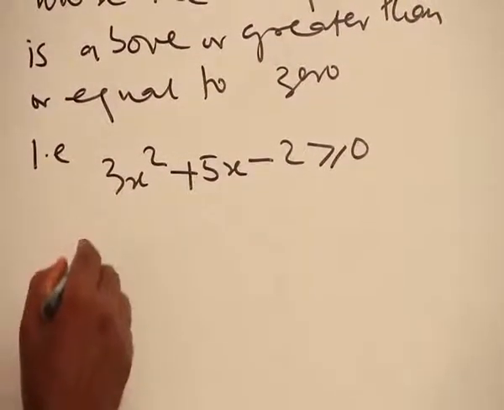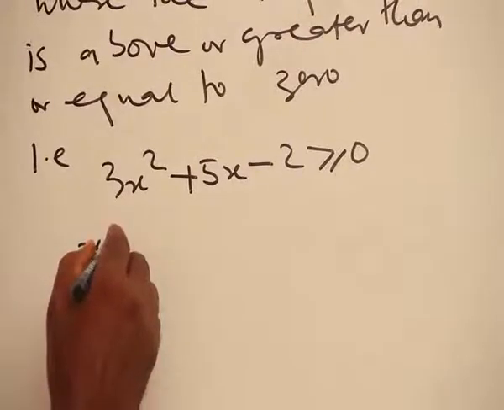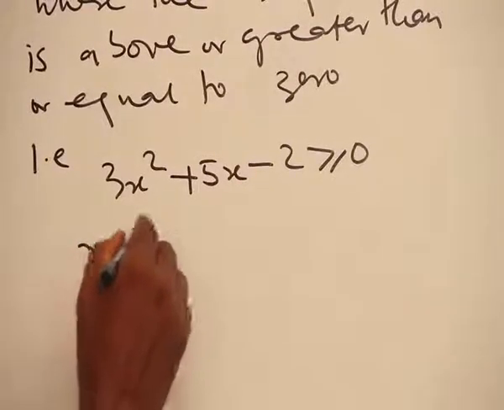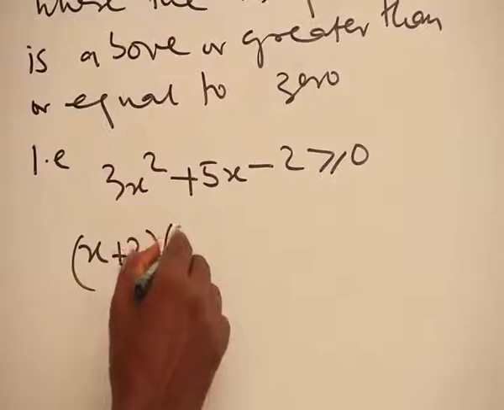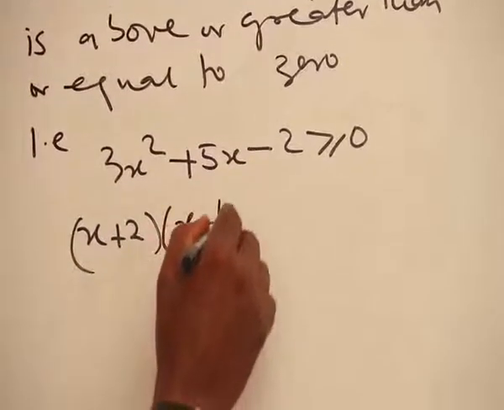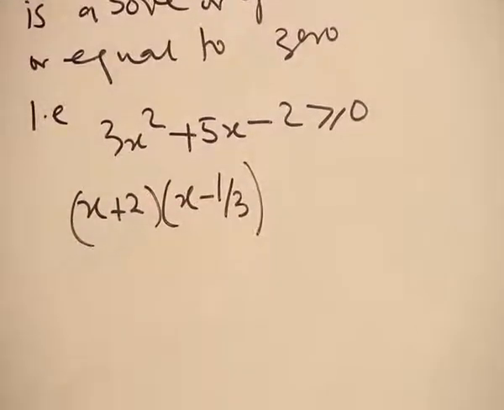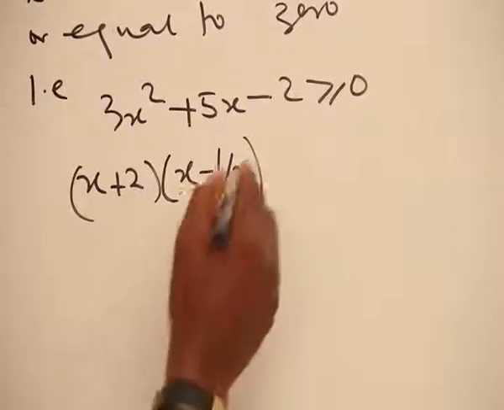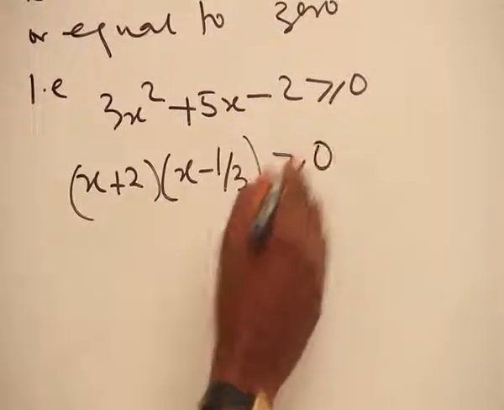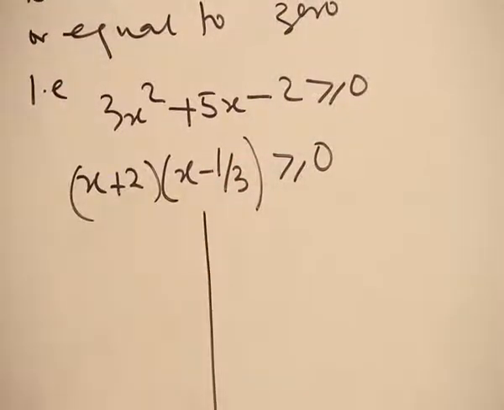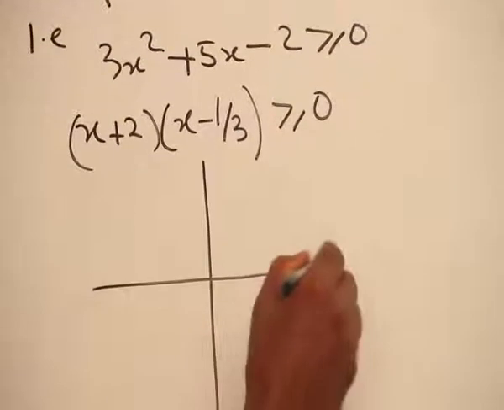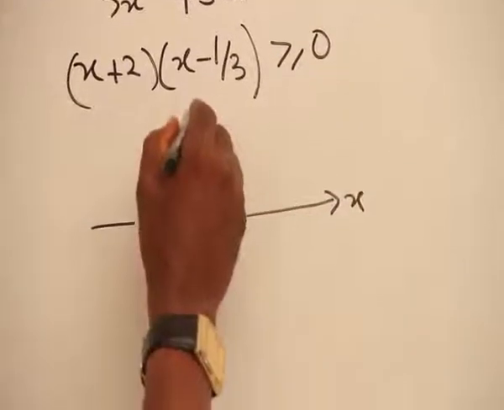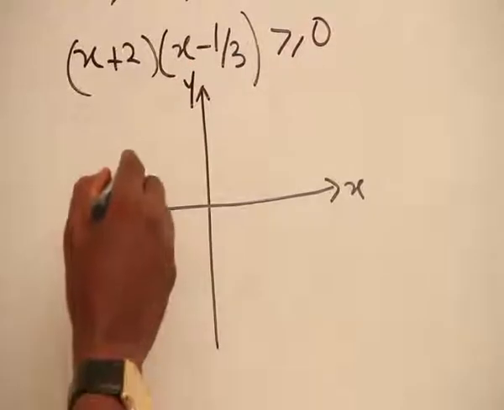We already have the factors of this, which are s plus 2 and s minus 1 over 3. And based on this, greater than or equal to 0, we were able to sketch to find the region.